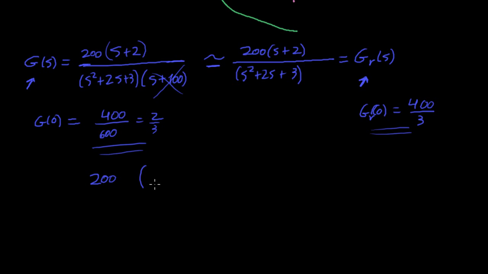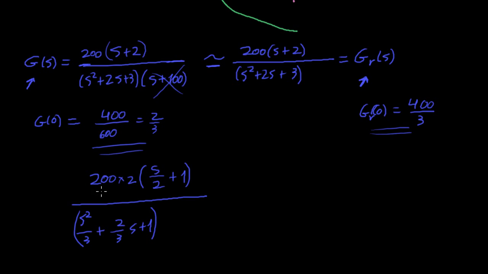We could have written the previous transfer function as s over 2 plus 1, and this would be 200 times 2, and this over s squared over 3 plus 2/3 of s plus 1, and then we had to divide this by 3, and also s over 100 plus 1, so this is 3 times 100.